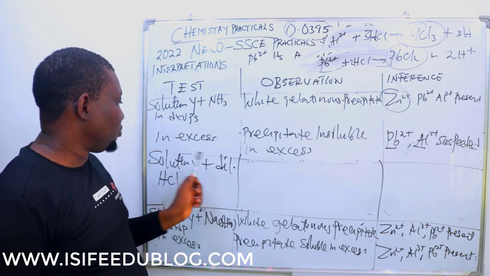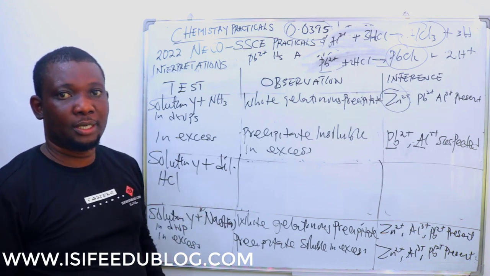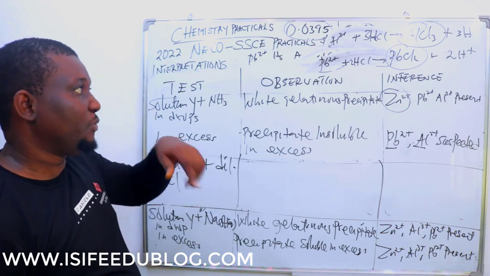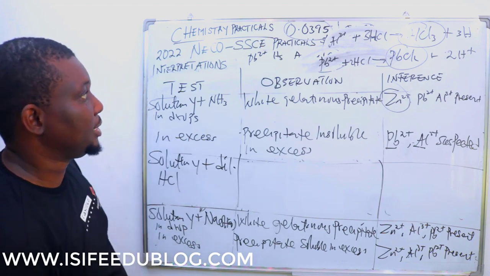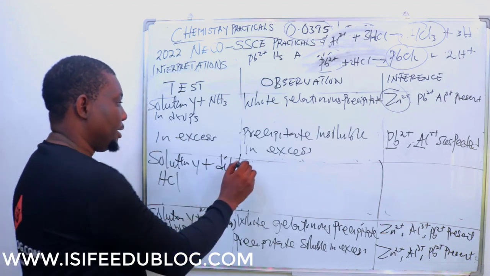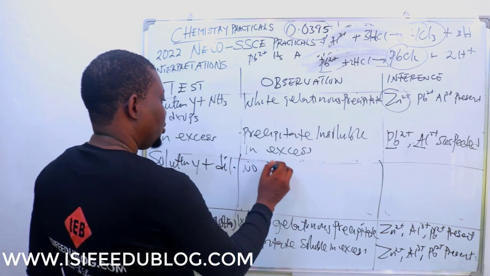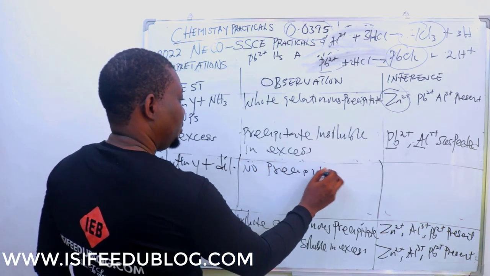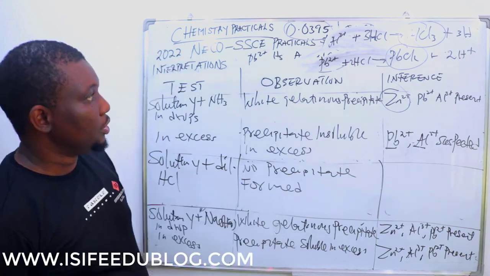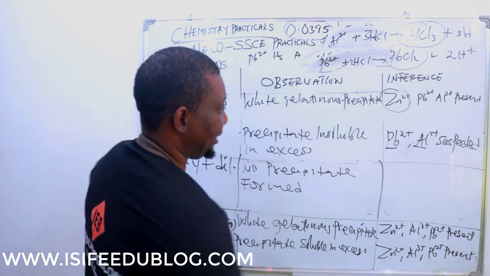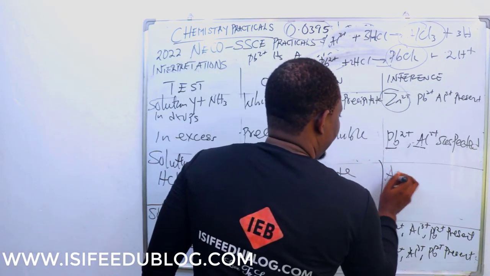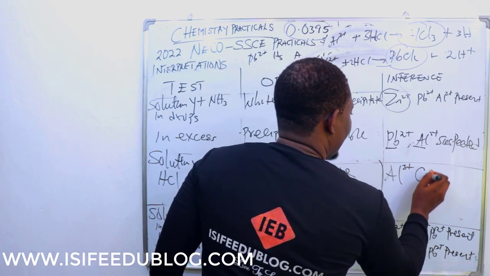If you add this with this, no precipitates form. If it were lead, it would give you a white precipitate. So since addition of this with this, no precipitates form, should it be this or this? Actually, it is confirmed that it is Al3+.